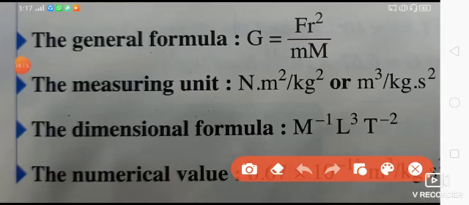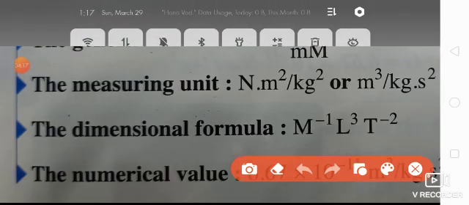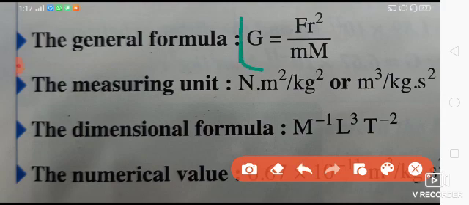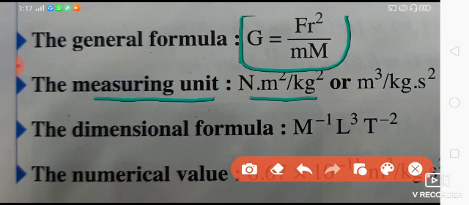Now this is the role of the gravitational constant. So it's very important to know its measuring unit, which is Newton meter squared per kilogram squared, or meter cubed over kilogram second squared.